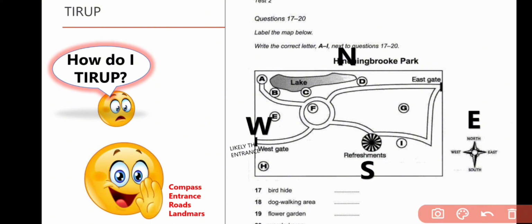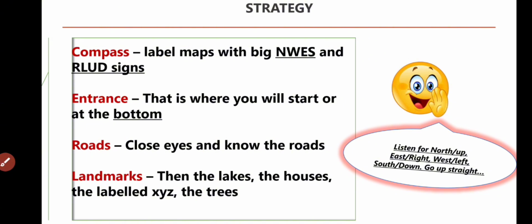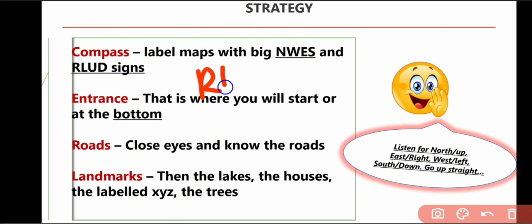Right, left, up, and down signs. You can decide to put them around it. But then, if it's a computer-based test, you may not be able to write on it. So just remember what? Right and east. Remember, right and east. Then your entrance, this is where you start, and it's usually at the bottom. Very usually at the bottom.